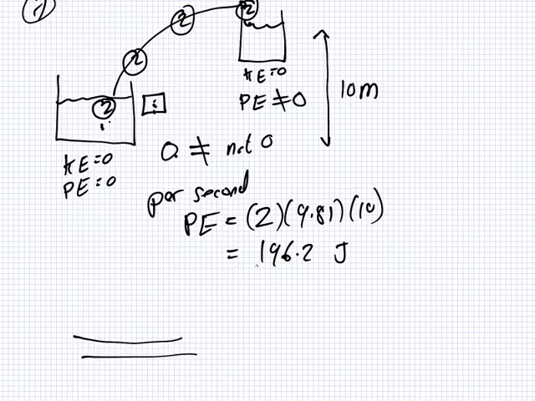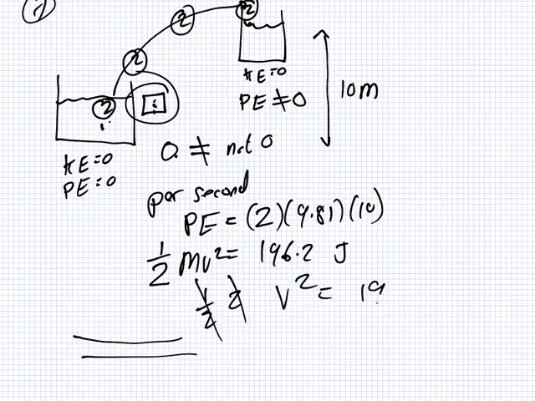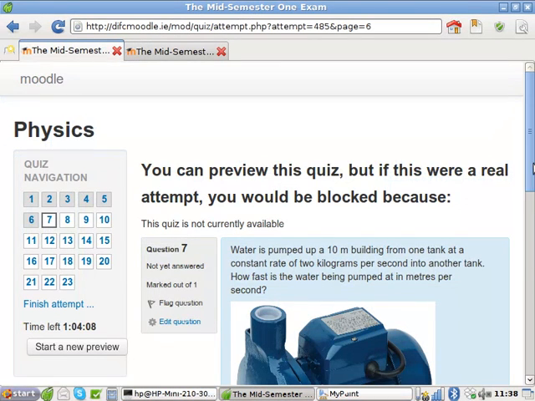So the kinetic energy at this stage in the pump will have to equal 196.2. So that's a half times 2 times v squared equals 196.2. So v is just the square root of that. 14. Did you mess up with the 2.5 maybe? So 14 is the answer here.